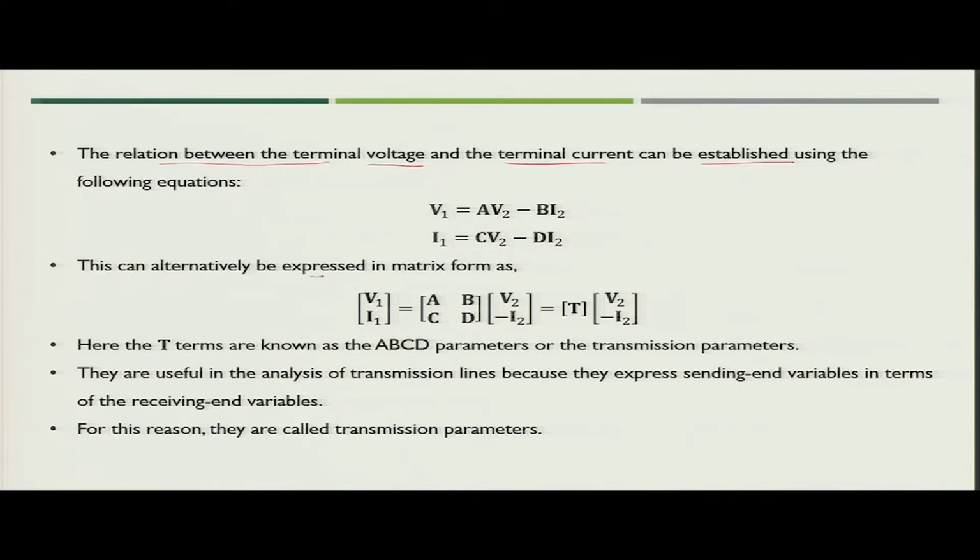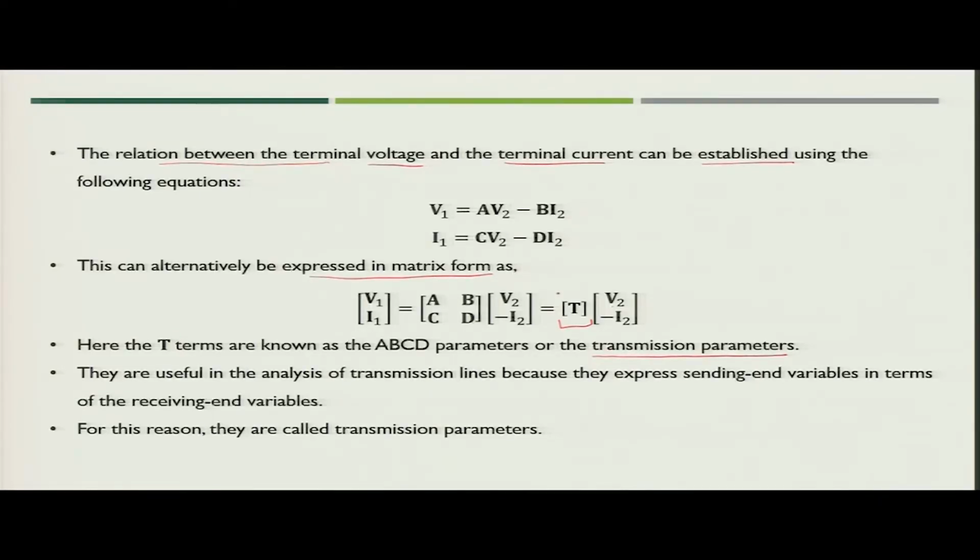In matrix form, the dependent vector V1, I1 can be represented as the matrix ABCD multiplied by the independent vector having V2 and minus I2. Here ABCD can be written as capital T, which defines the transmission parameters.